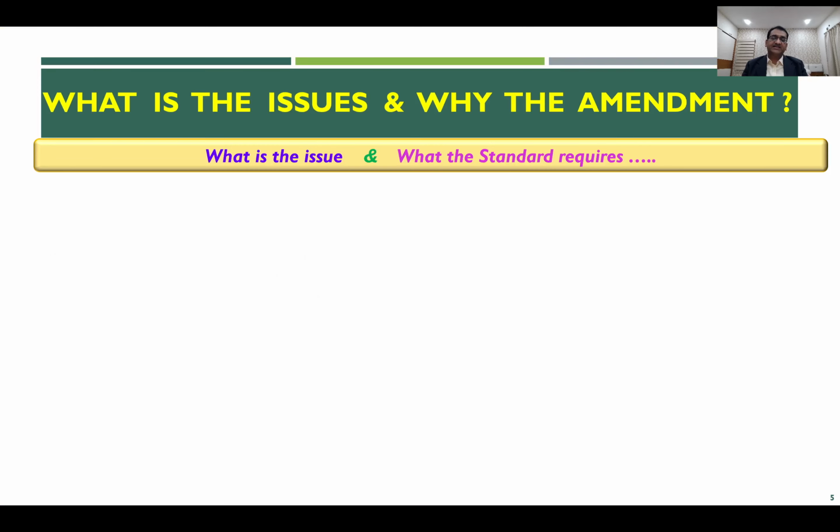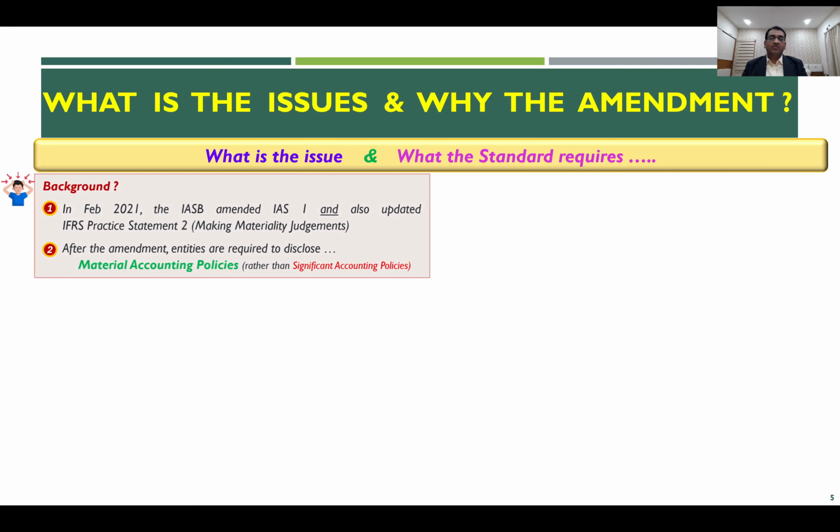Just to set the context, you might be aware that in February 2021, the International Accounting Standards Board, the IASB, has amended IAS 1, which deals with presentation of financial statements, and also updated IFRS Practice Statement 2, which deals with making materiality judgments.